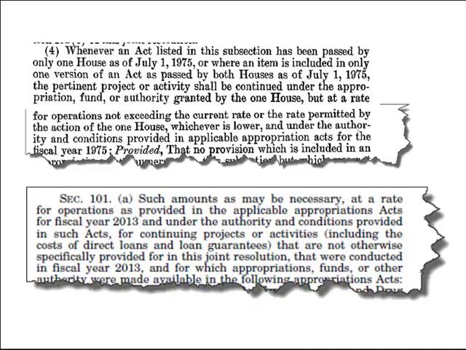This language has been interpreted to refer to the requirement that we have to follow the same conditions we had to follow in the previous year. Any earmark restrictions, any general provisions prohibiting funding for abortion, and so on.